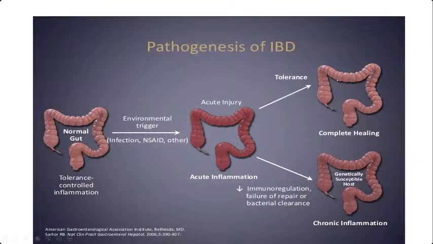It can go back to tolerance and healing, or the immunoregulation can fail with failure of repair. And then for the genetically predisposed or susceptible host, it goes on to a more chronic inflammatory bowel disease.